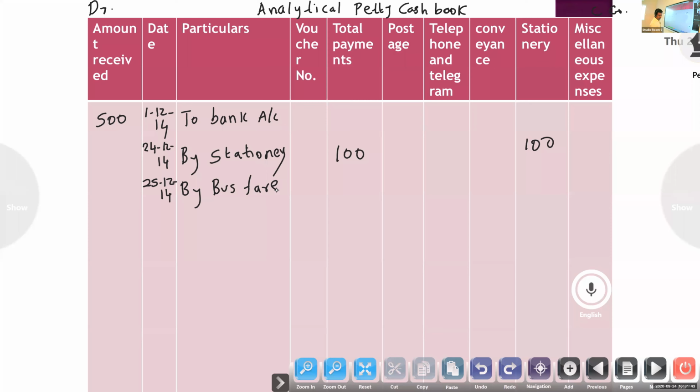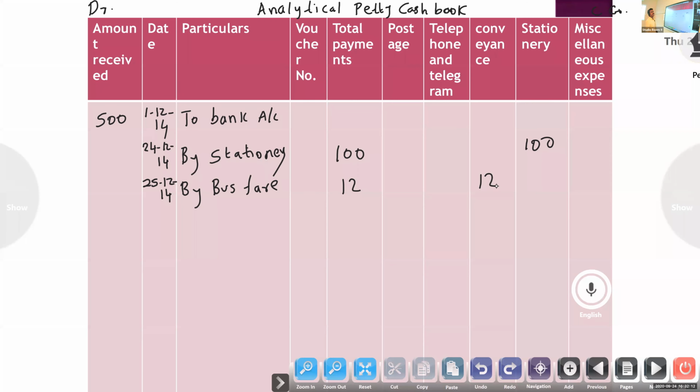Okay. So next, bus fare 25th, 12, 2014, by bus fare. Amount will be 12. So which head? Bus fare, Femina. Conveyance.